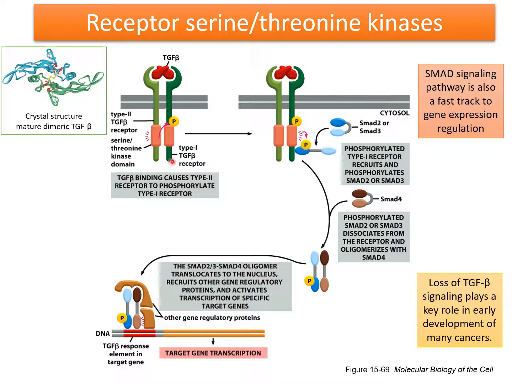It's going to bring these two transmembrane proteins together. This serine threonine kinase here is then going to phosphorylate this residue here. Once that gets phosphorylated, this serine threonine kinase is going to then phosphorylate this SMAD2 or SMAD3 protein, which will then associate with SMAD4, and then this will go to the nucleus to regulate gene expression.